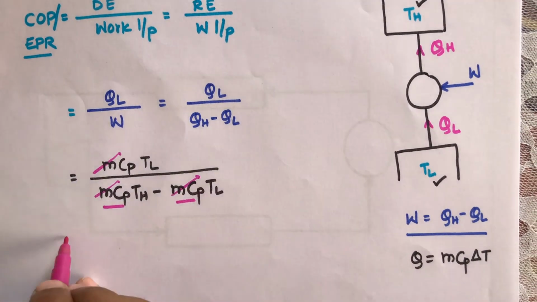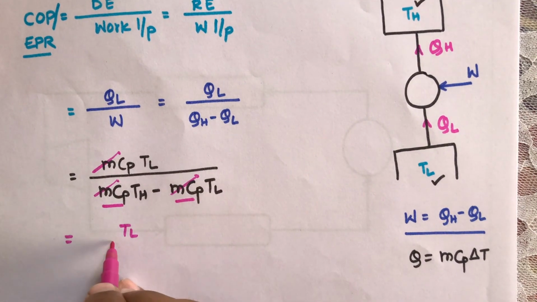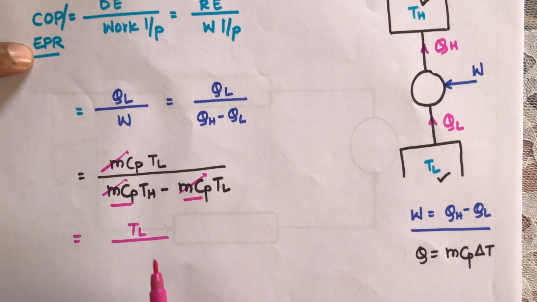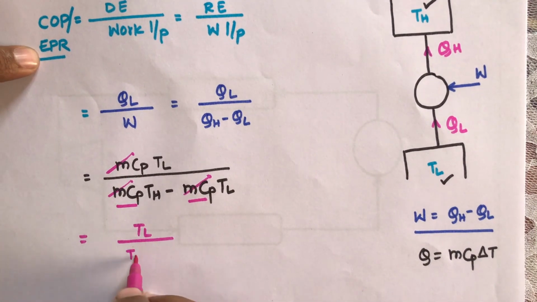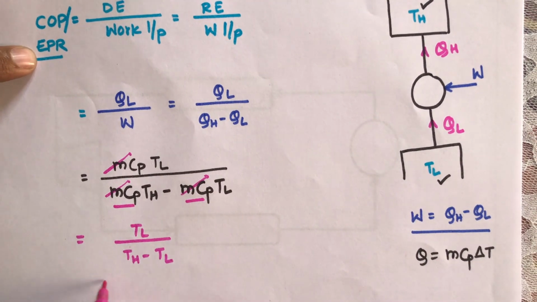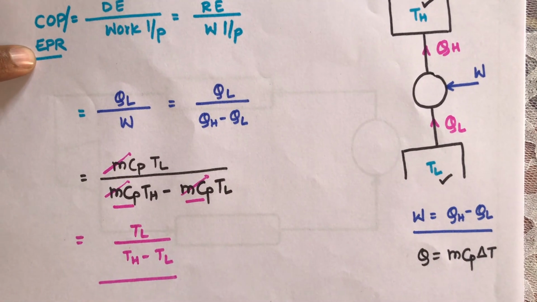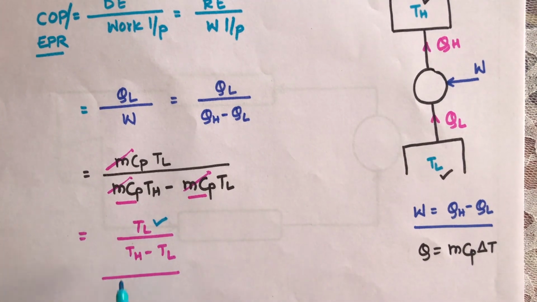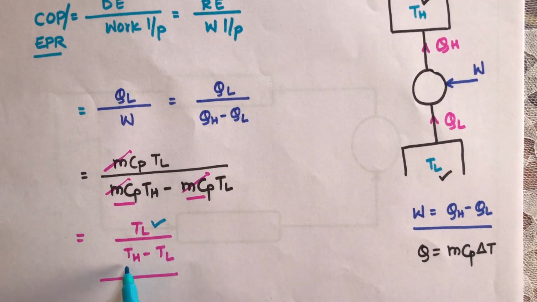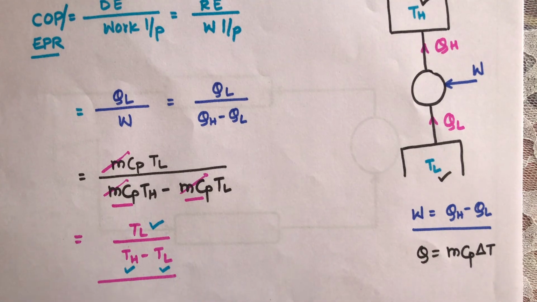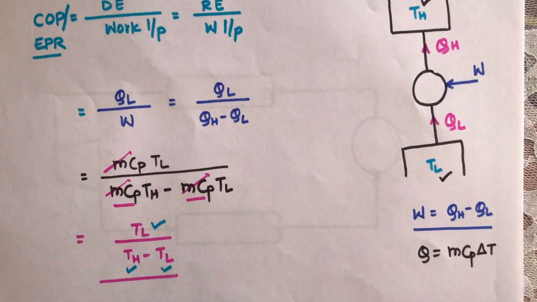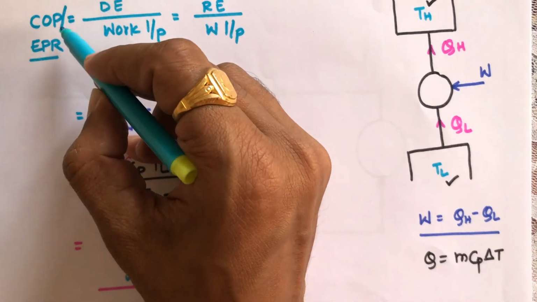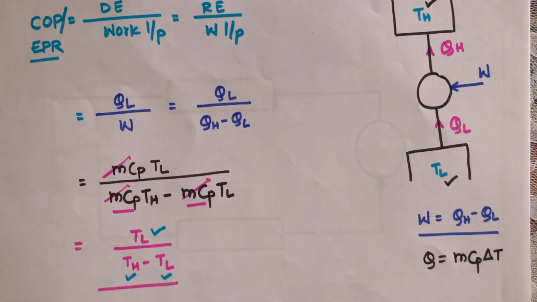Finally, COP, or coefficient of performance or energy performance ratio, is equal to TL divided by TH minus TL. Or else, we can say it is the ratio of the low temperature reservoir temperature divided by the difference in temperatures of the high temperature reservoir and low temperature reservoir. This is nothing but the formula to calculate the value of coefficient of performance or energy performance ratio.